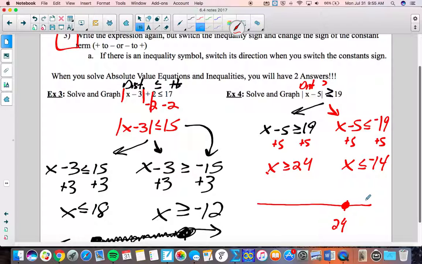So we need to be at 24 or greater, or at negative 14 and less. Boom. So distance is less than some number makes an AND type statement where your numbers are sandwiched between the two values. And then when our distance is greater than or equal to something, we're going to get an OR type situation.